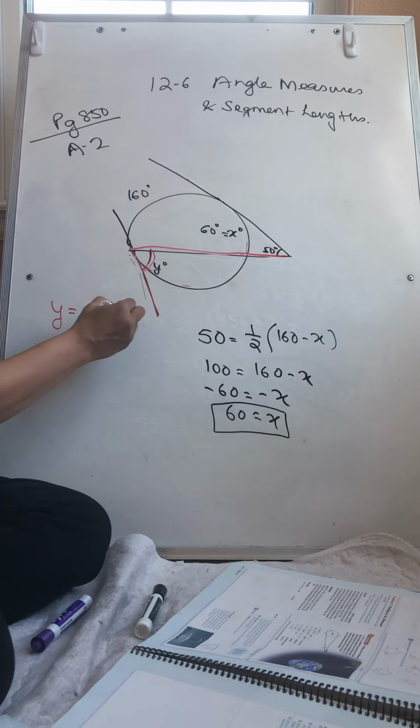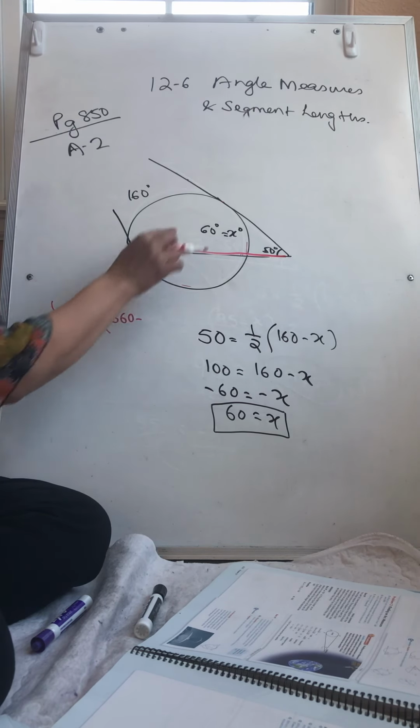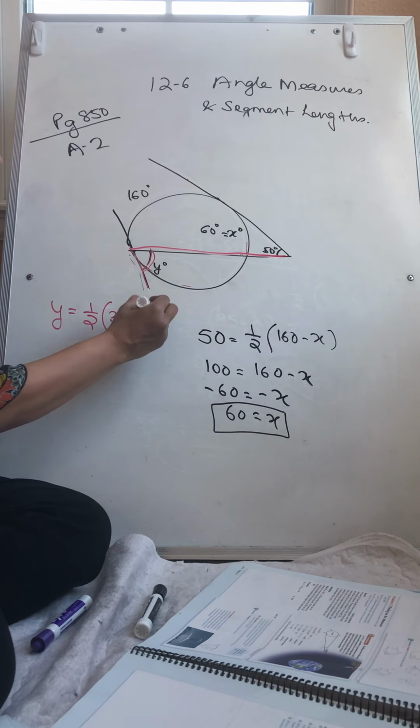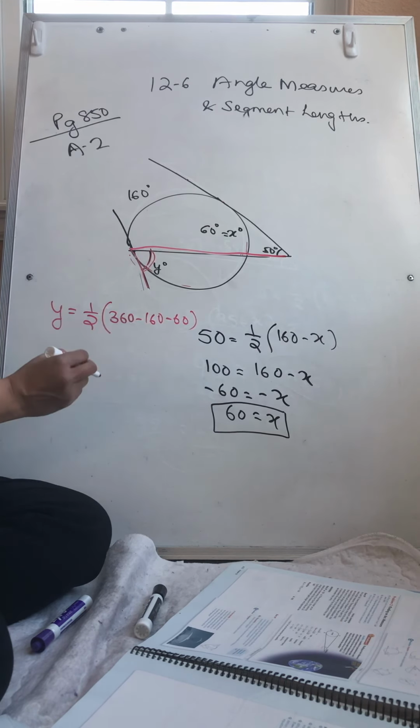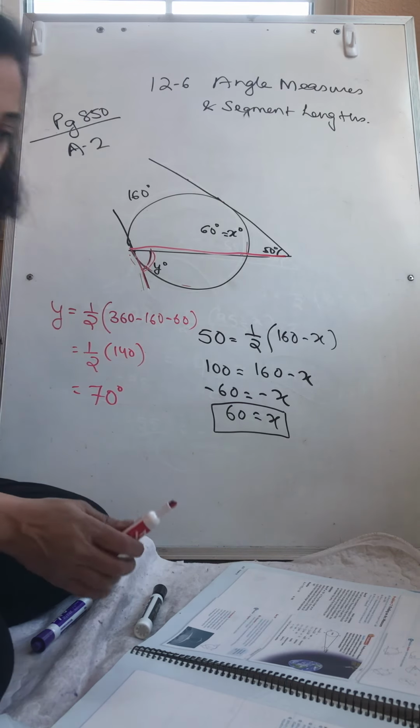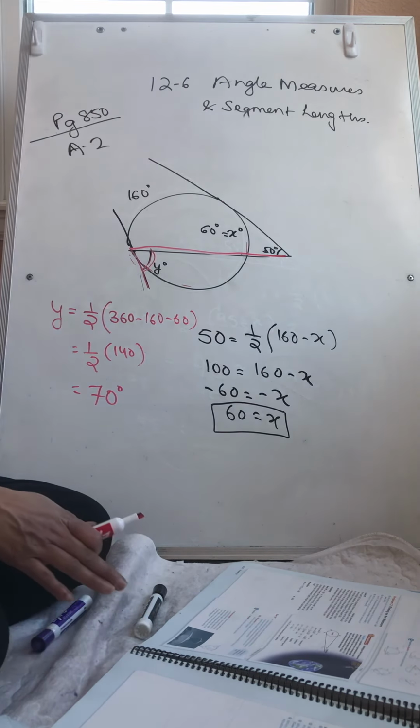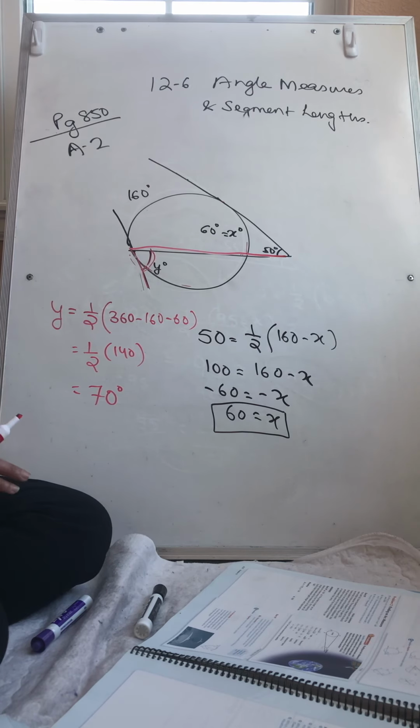So this is 360 minus 160 minus 60. So it's half of, this is 200 and this is 140. So I get 70 degrees. Let me check. Yes. Okay.